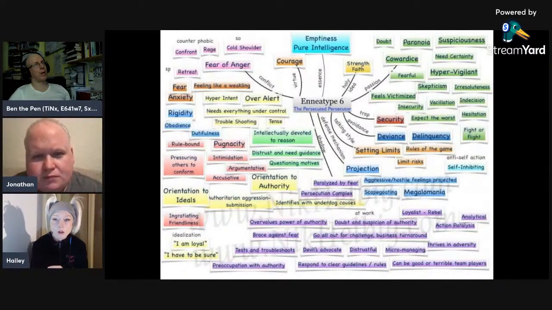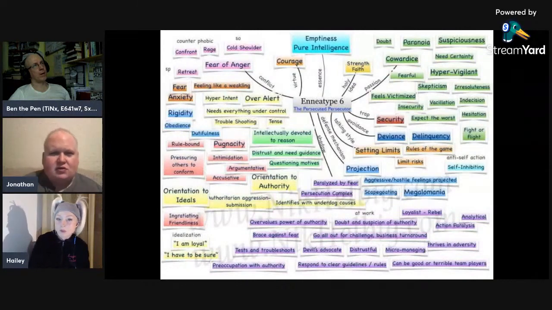So the passion of the 6 is what they're most focused on. In this case, doubt, paranoia, suspicion, cowardice, hypervigilance, skepticism, irresoluteness, vacillation, and so on. The passion of the 5 would be different from the passion of the 6.